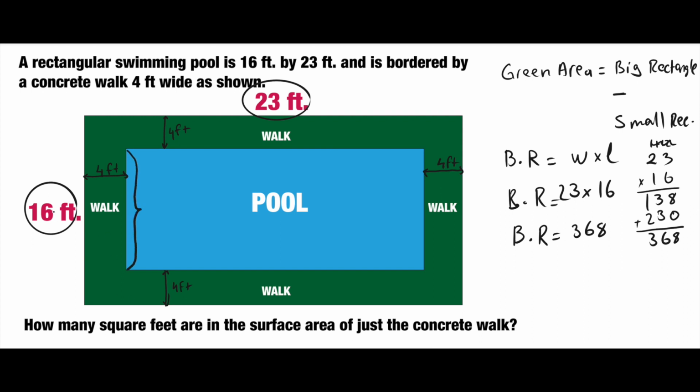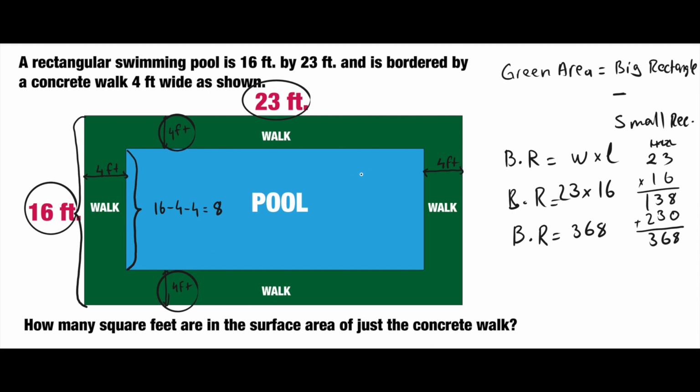So for the small rectangle, we need to know its dimensions from here to here. So it is not 16. 16 is the big part, so this part was 16. We need to take away this 4 and this 4 from 16. So 16 minus 4 minus 4, that is 8.